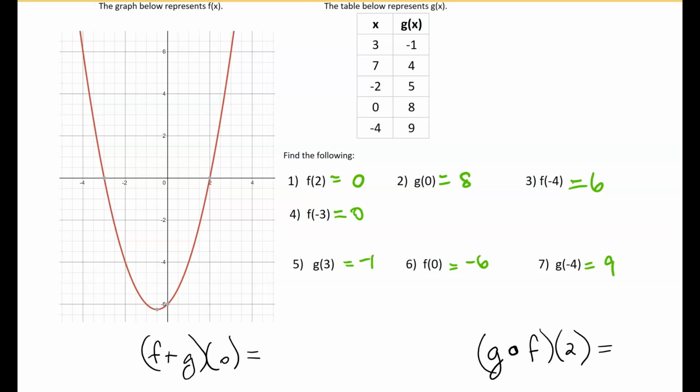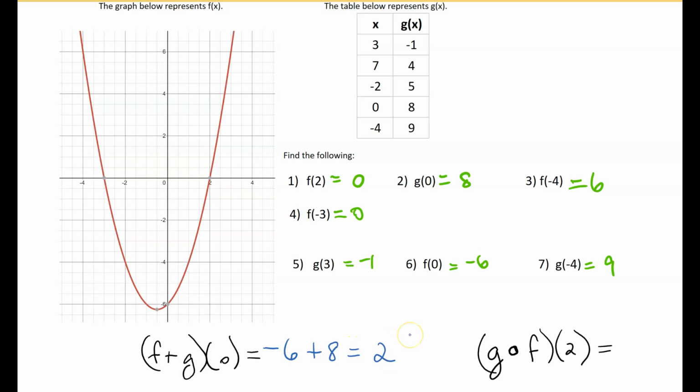What is that asking us to do? It's to evaluate. Do we know what f of 0 is? Yes. What is f of 0? It's -6. Do we know what g of 0 is? It's 8. We just add them together and we get 2.